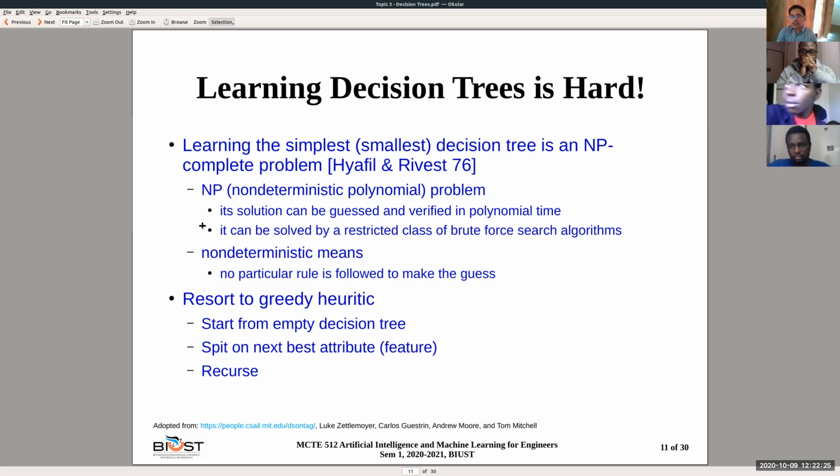The simplest decision tree is an NP-complete problem. An NP problem means non-deterministic polynomial problem. Its solutions are guessed and verified in polynomial time, so it can be solved by a restricted class of brute force search algorithms.